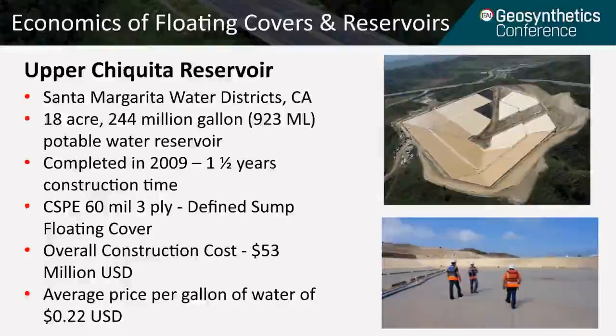It was completed in 2009 after 1.5 years of construction time, and it incorporates a 60 mil CSPE, or chlorosulfonated polyethylene, 3-ply defined sump floating cover. The overall construction cost was $53 million, and that included all of the engineering, earthworks, mechanical, and the installation of a liner and cover. That works out to an average construction cost and price of 22 cents per gallon of water.